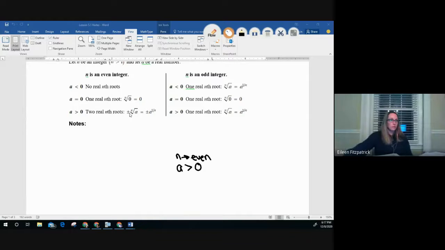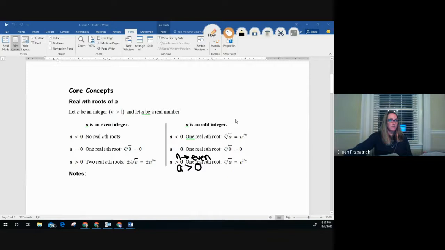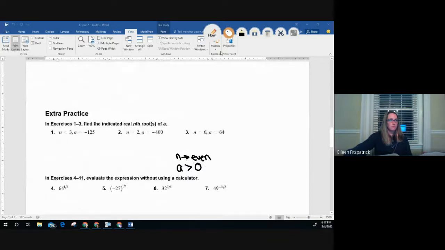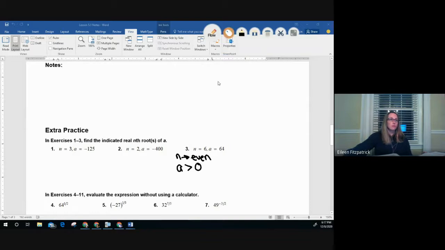So it's going to be plus minus the nth root of a. So it's going to be plus minus the 6th root of 64.